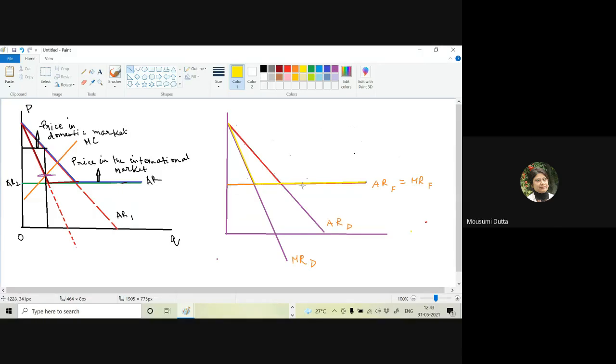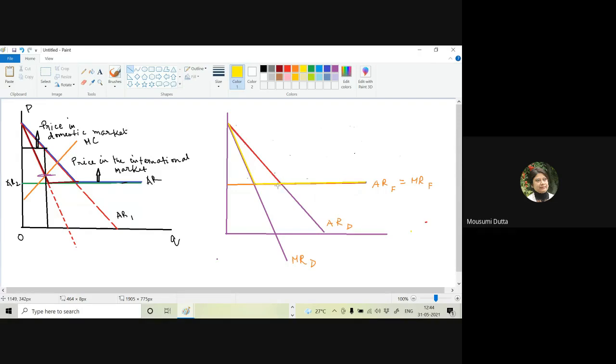So this is the foreign demand. So for this commodity, when the lines are crossing each other, before this particular price, you can sell any amount here depending on your MC. You can sell any amount along this path in the domestic market.